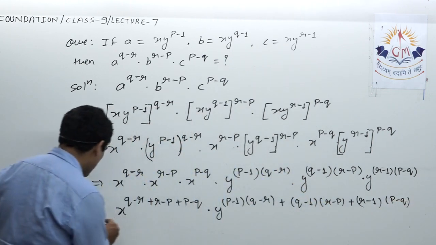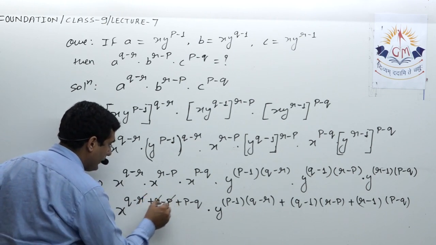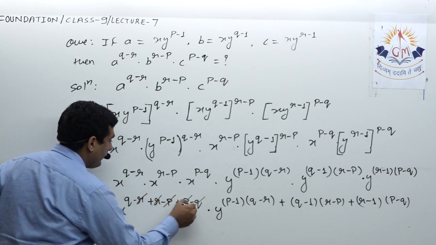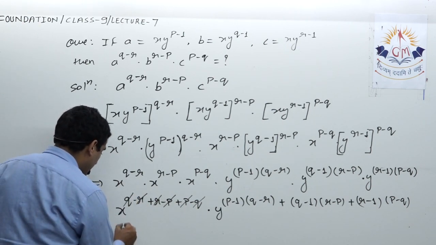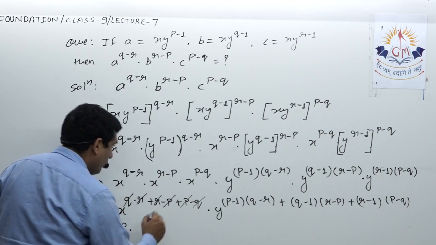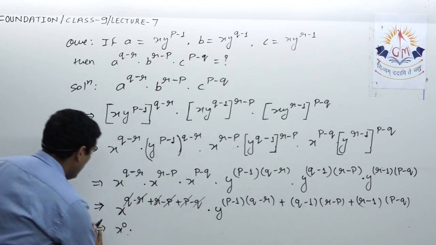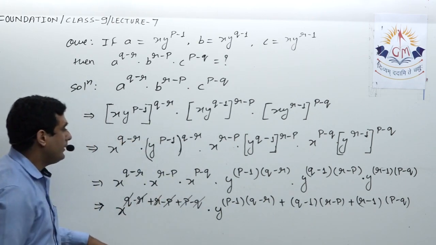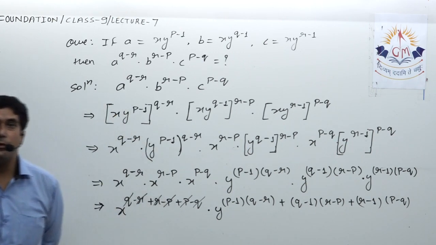Now over here if you observe, minus r will cancel out with plus r, this minus p will cancel out with plus p, this minus q will cancel out with this q. So ultimately what I will get is x raised to 0, which is actually equal to 1. Now over here I have to multiply these powers. So note it down up to this, then I will give you the further solution.